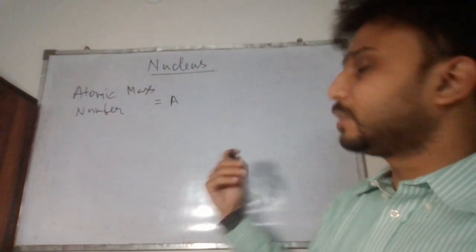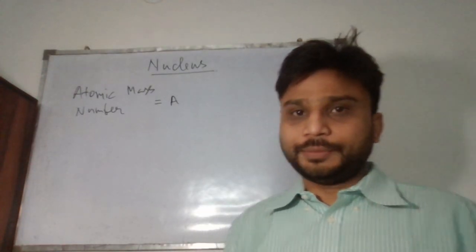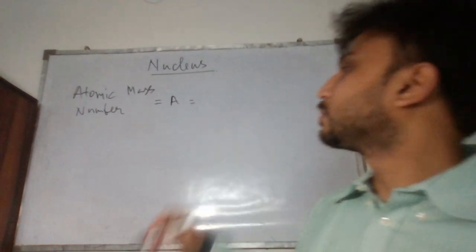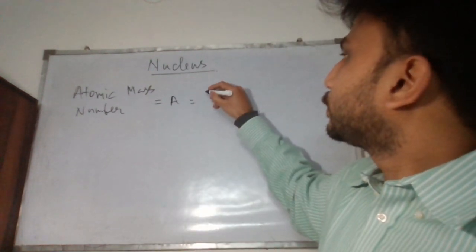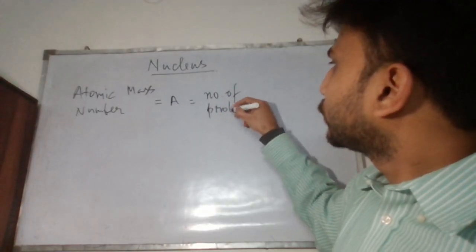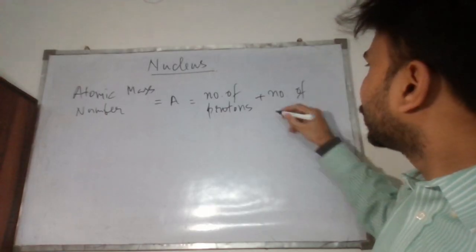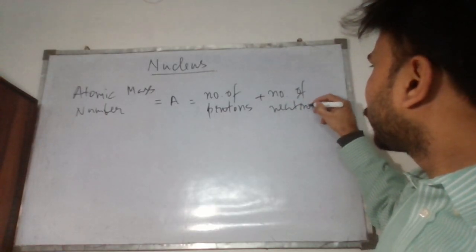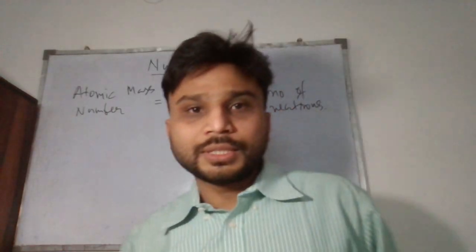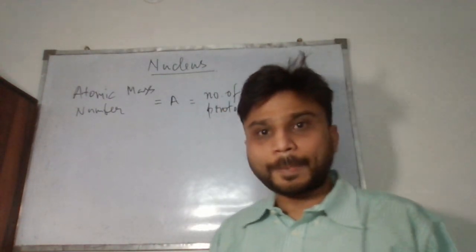Atomic mass number is represented by A, and it is equal to the sum of number of protons and number of neutrons.